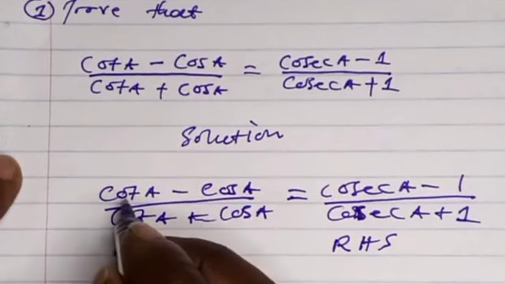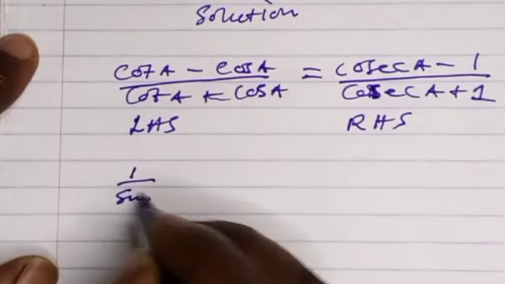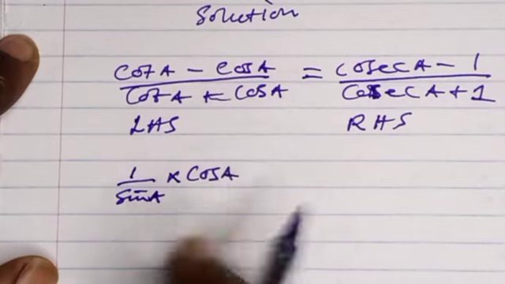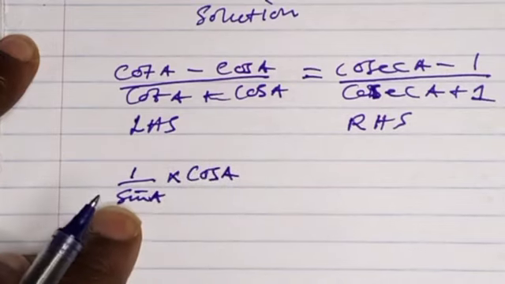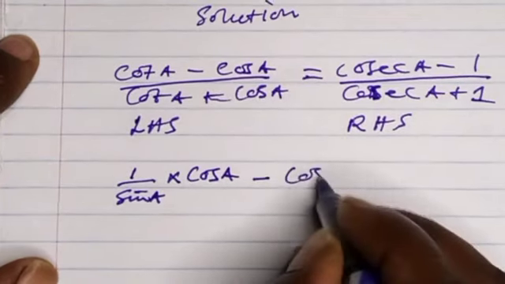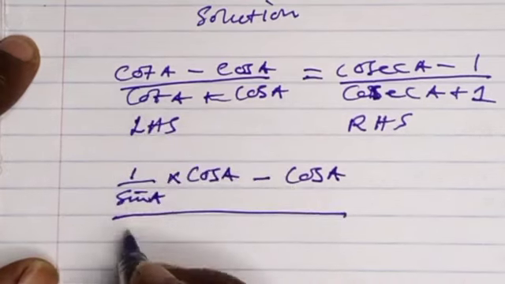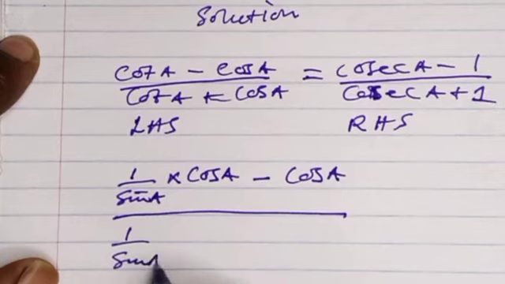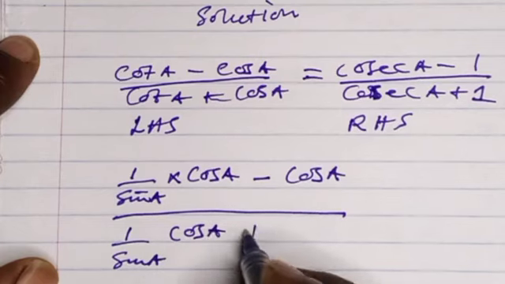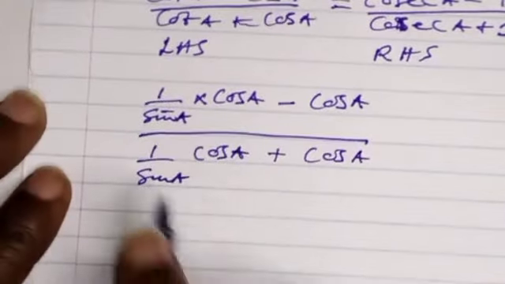Cot A is 1 over sine A multiplied by cos A, because we all know that cos A divided by sine A is cot, minus cos A, over cot A, which is 1 over sine A multiplied by cos A, plus cos A. Here we are going to factorize what is common.